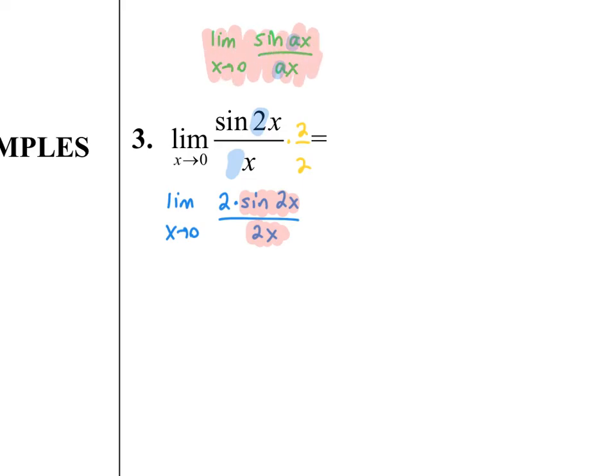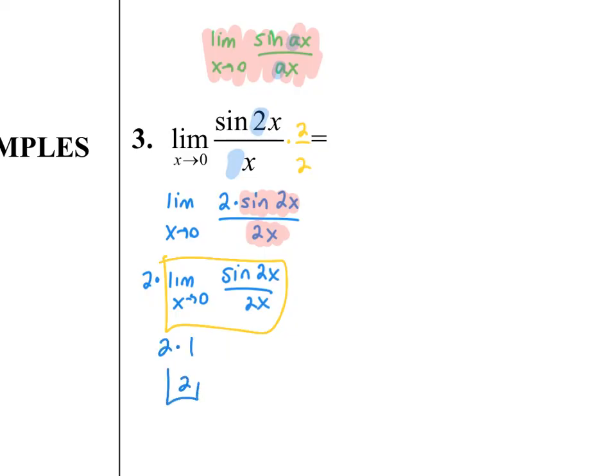So I know this portion of it here is going to be a 1. So just so you can see that property in action, what I did was I took this constant multiple here and I pulled it to the outside. We had a limit property that said we could do that. And then the remaining portion of this is just going to equal 1. So this becomes 2 times 1, or simply just 2.